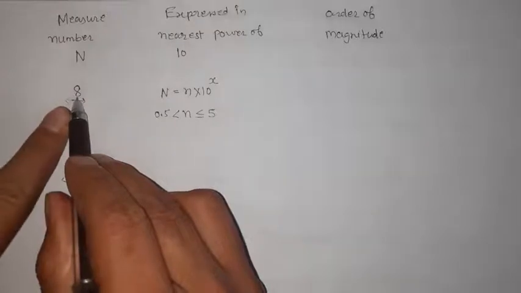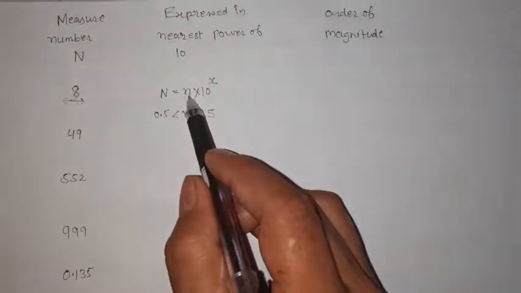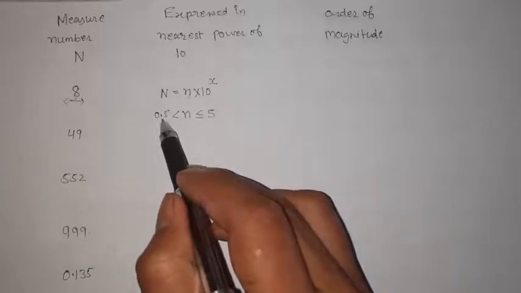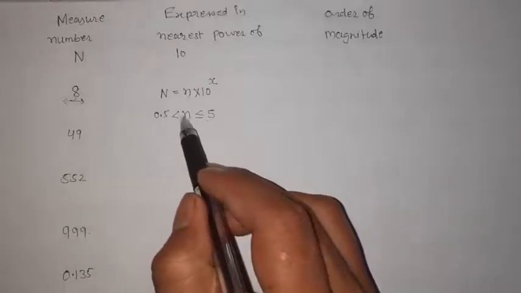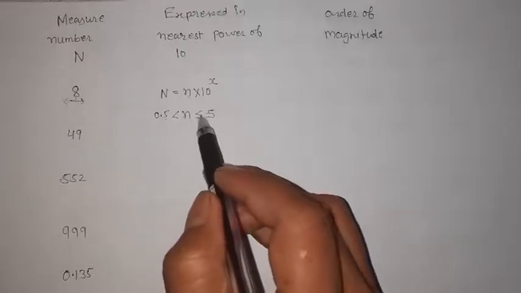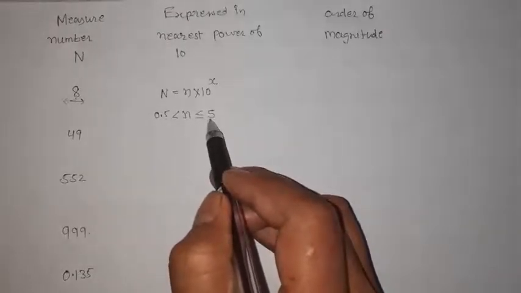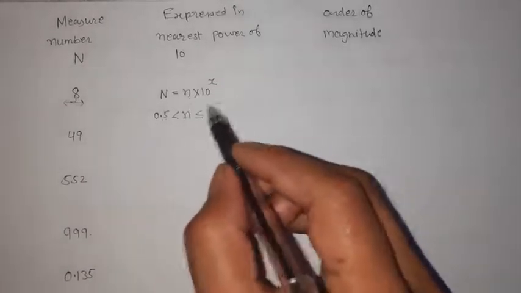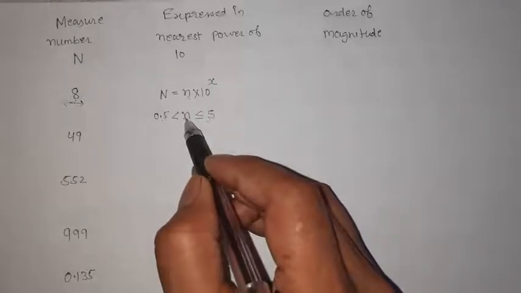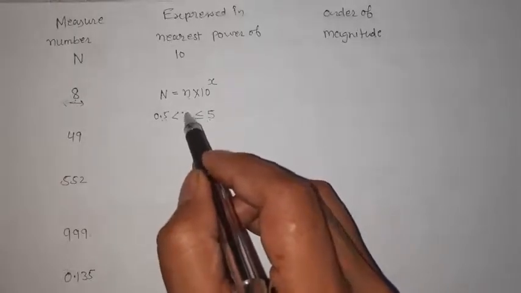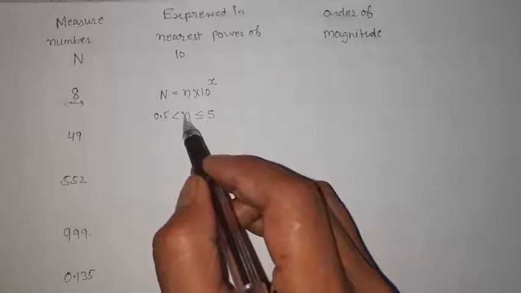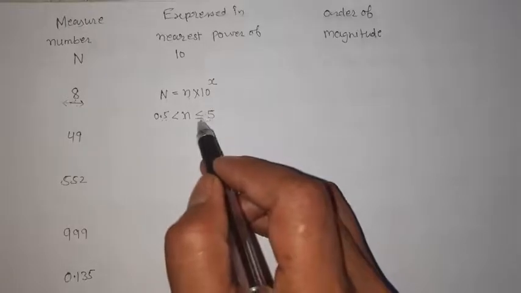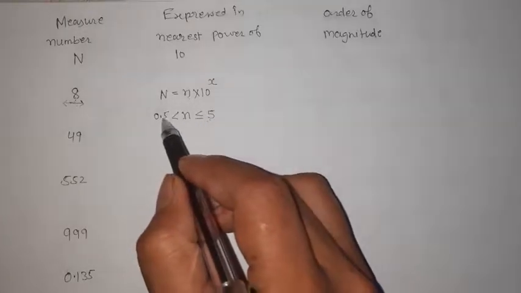This 8, if I directly write 8 here as n, and compare it with the given condition, you will find that 8 is greater than 0.5, but it is also greater than 5. So we can't write 8 as it is. That means this small n must be smaller than or equal to 5 but greater than 0.5.